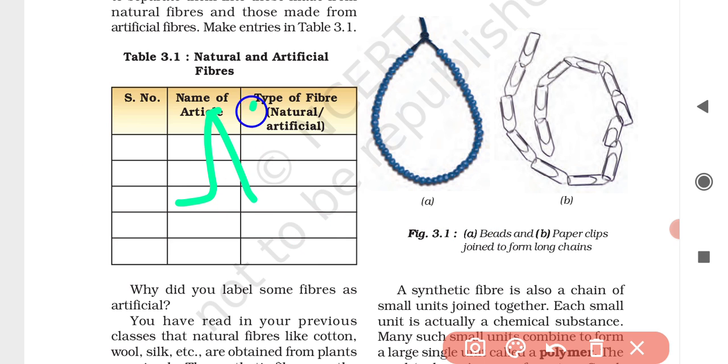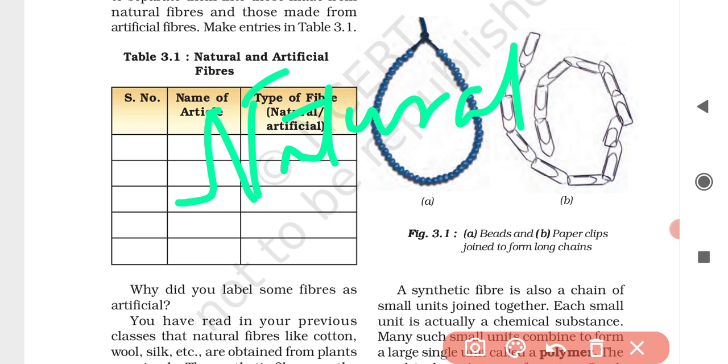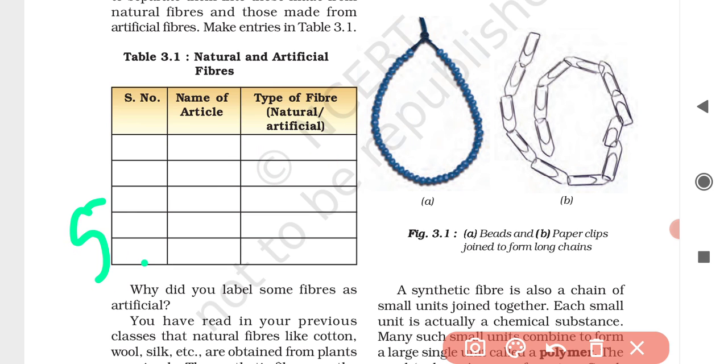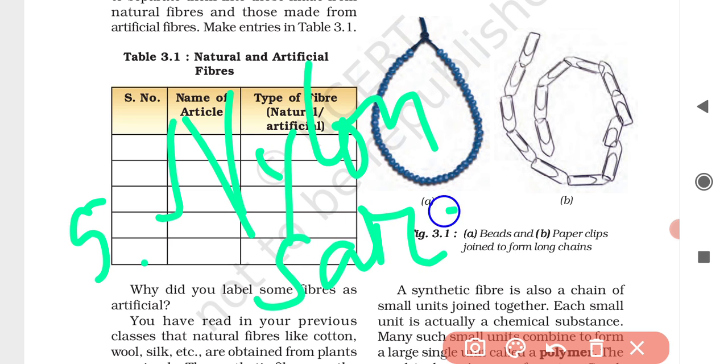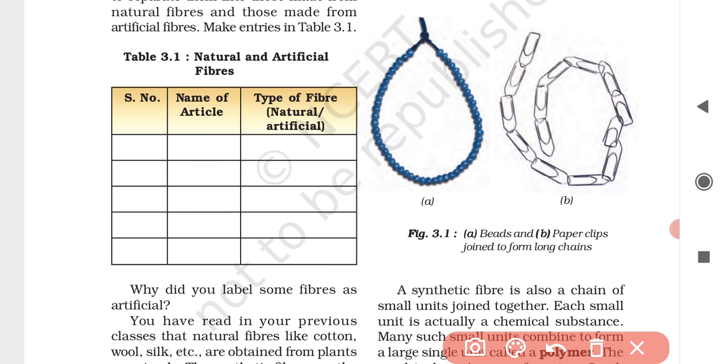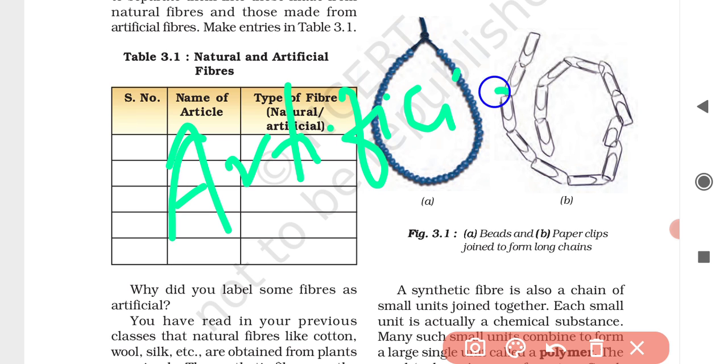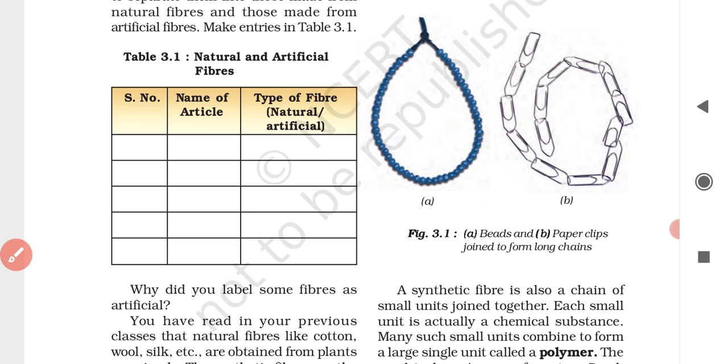Again it is a natural fiber. Serial number 5, nylon sari. Nylon is a natural fiber or artificial fiber? It is artificial. So most of the artificial fibers like these we are going to study in this chapter.